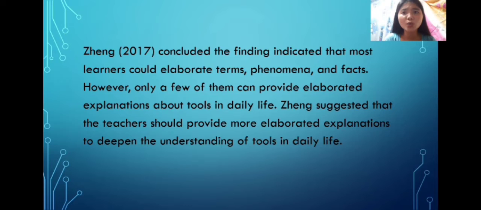However, only a few of them can provide elaborated explanations about tools in daily life. So Zhang suggested that the teachers should provide more elaborated explanations to deepen the understanding of tools in daily life.